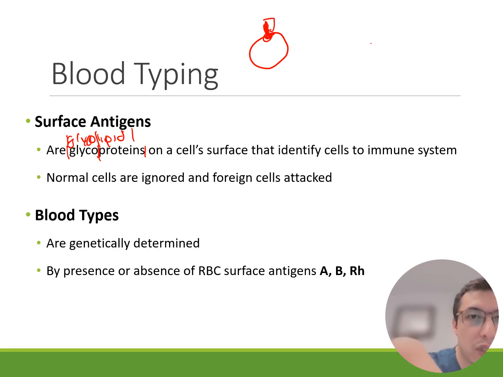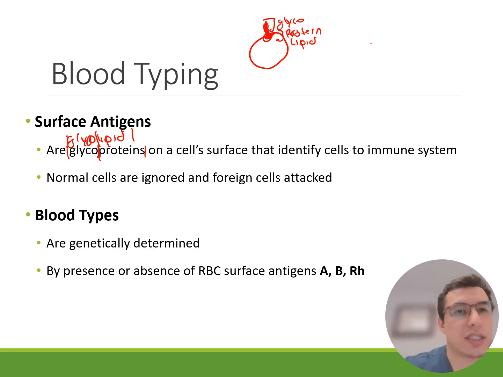So this will be the glyco, and this will be either a protein or a lipid. We'll go into this in more detail as we look at a picture, but I want you to know that a surface antigen is a molecule, either a glycolipid or a glycoprotein, that is on the surface of the cell.